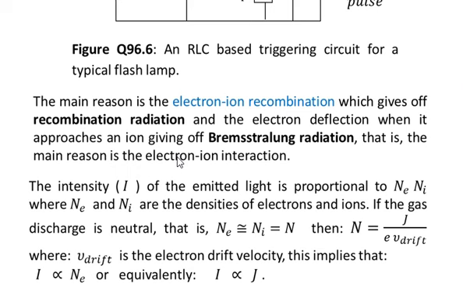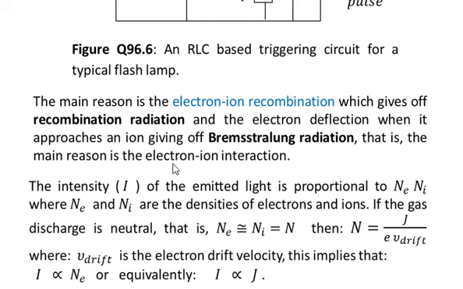Now something about the internal process of flash lamps. The main reason is the electron-ion recombination, which gives off recombination radiation, and the electron deflection when it approaches an ion, giving off Bremsstrahlung radiation. That is, the main reason is the electron-ion interaction.